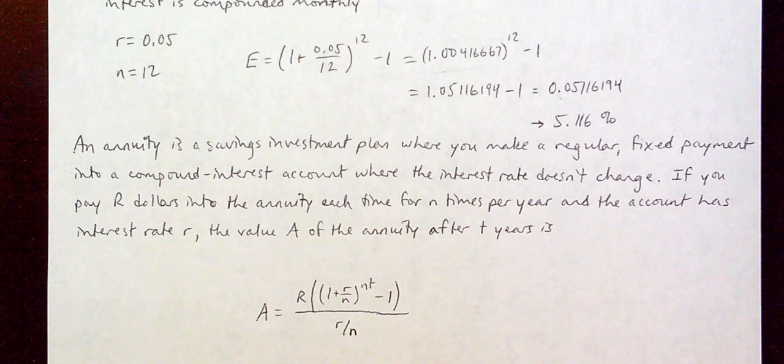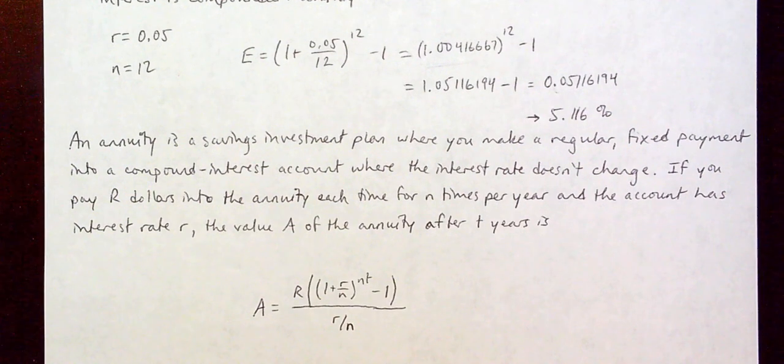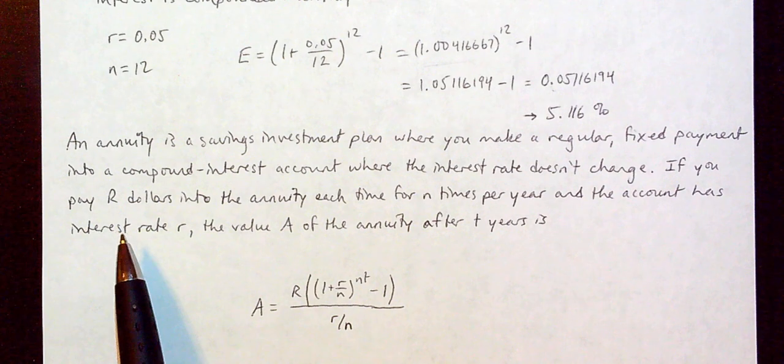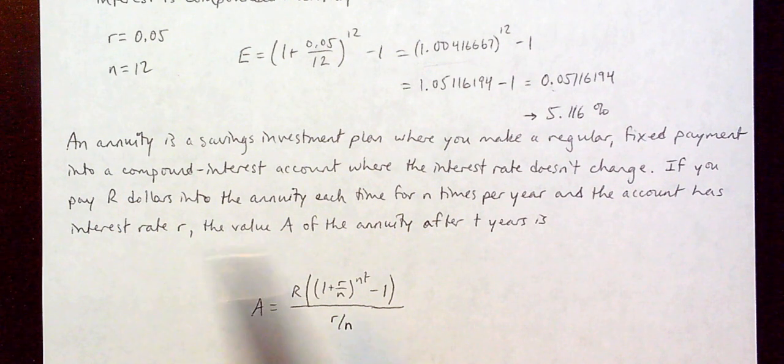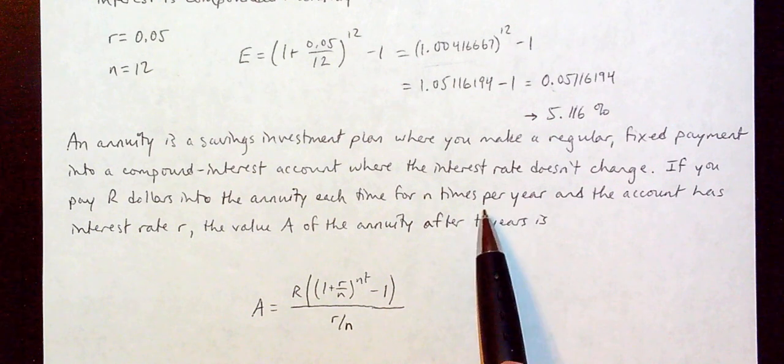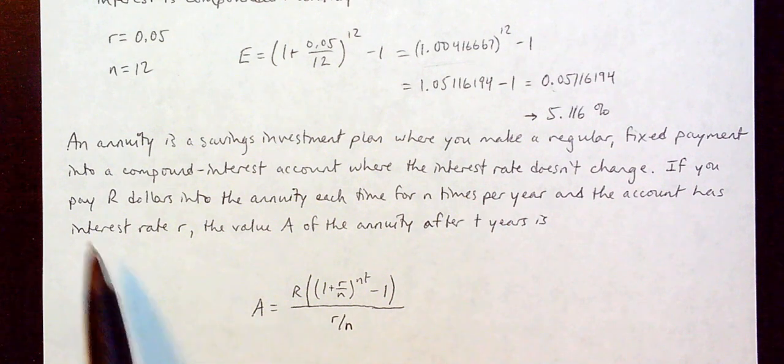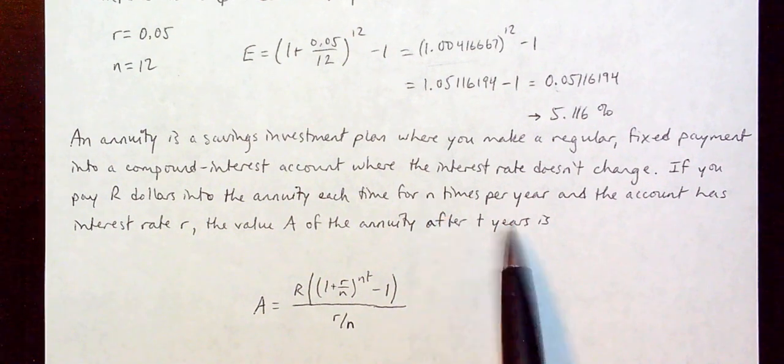If you're going to make a regular fixed monthly payment, or however often you make payments, typically it's monthly, but that can vary based on what you set up. If you pay R dollars every time you make a payment, and you do that N times per year, so again, it could be monthly, quarterly, semi-annually, whatever, R dollars goes in each time for N times per year.